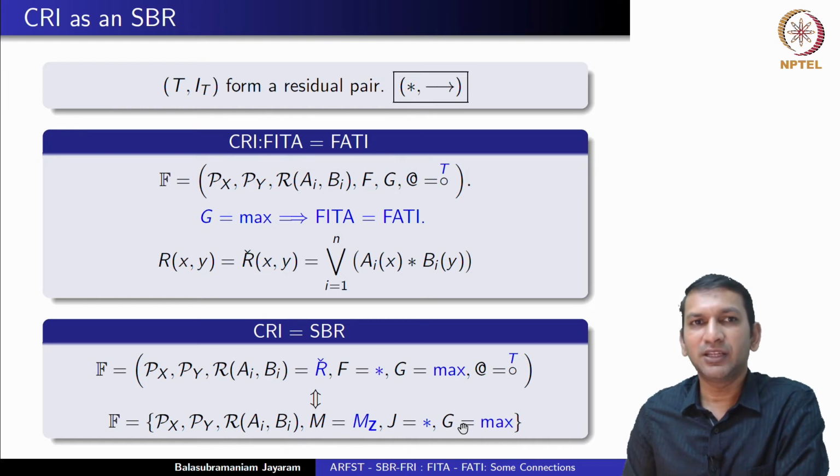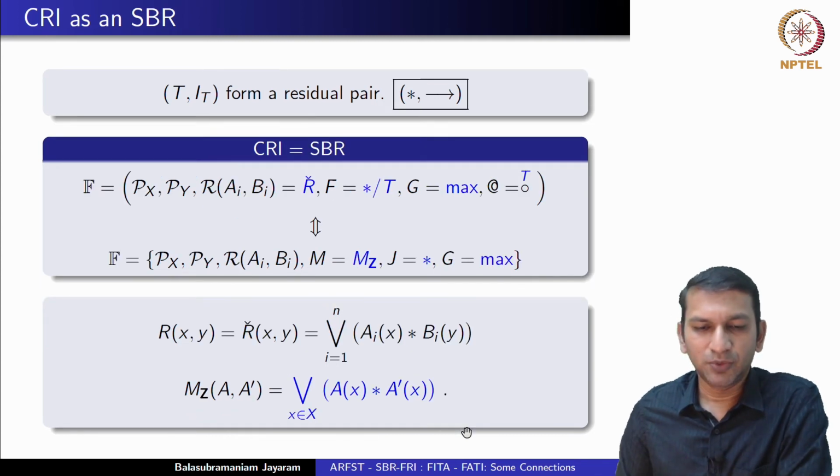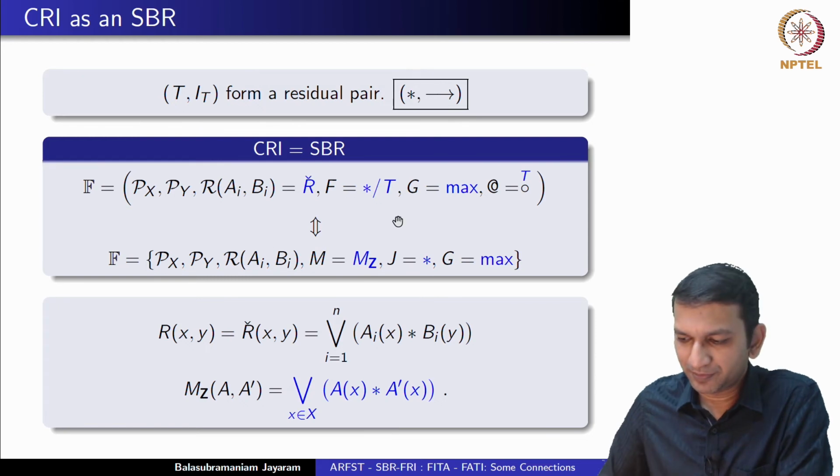Note that we are in the context of looking at fuzzy inputs and fuzzy outputs. So H and G, the fuzzifier and defuzzifier, don't come into the picture. Now, given the CRI, where the relation is given as R check, that means F is star and G is max, it can be shown that it is in fact equivalent to an SBR, where the matching function is the Z matching function, the modification is given by the T norm star, and the aggregation is given by max. Let's prove this. This is what we want to prove.